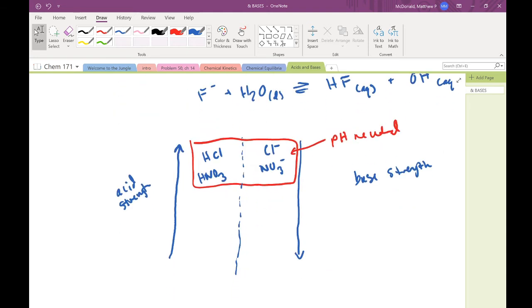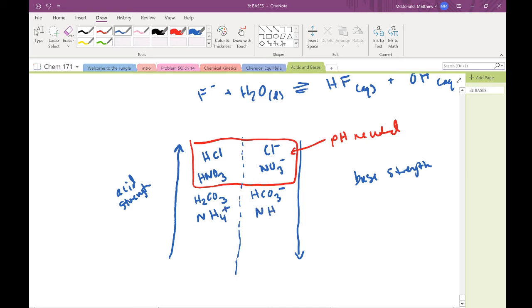Okay. Next, something like bicarbonate or carbonic acid. Okay, carbonic acid here. And then we have bicarbonate as the base. Or we can have the ammonium, NH4+, that's the acid form.